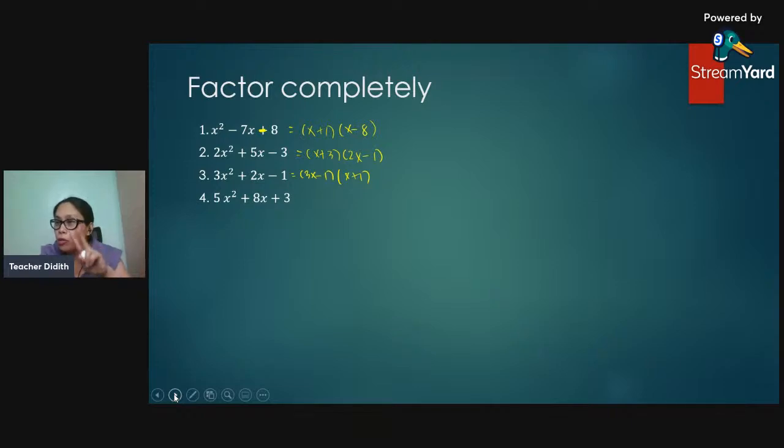We have two different answers from the group. And the correct factors are 5x plus 3 and x plus 1.